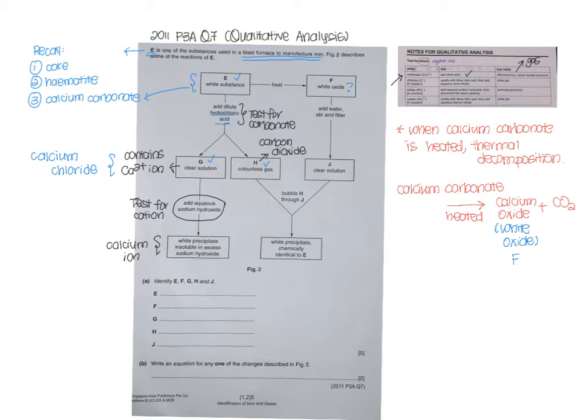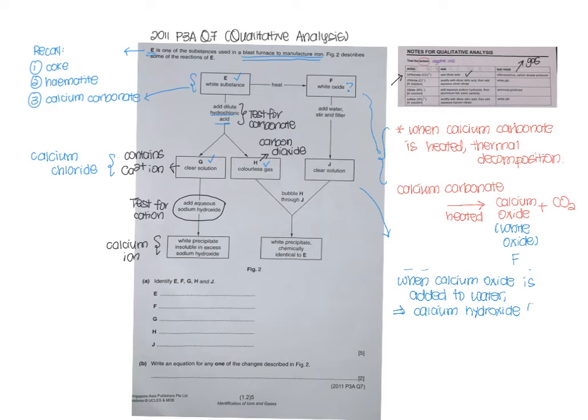And if I add water to it, so the next one over here, this is for this explanation. When calcium oxide is added to water, it forms a solution, and the solution will be calcium hydroxide.